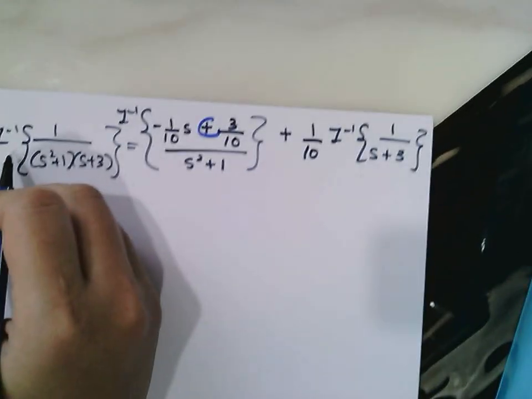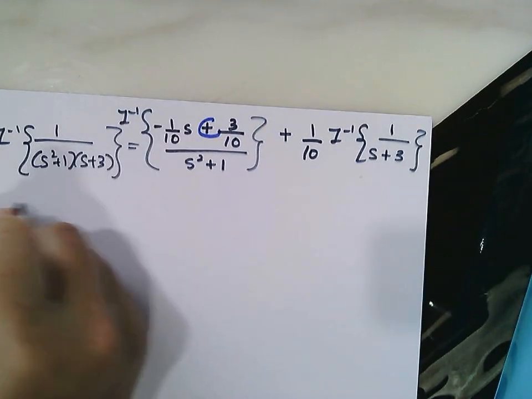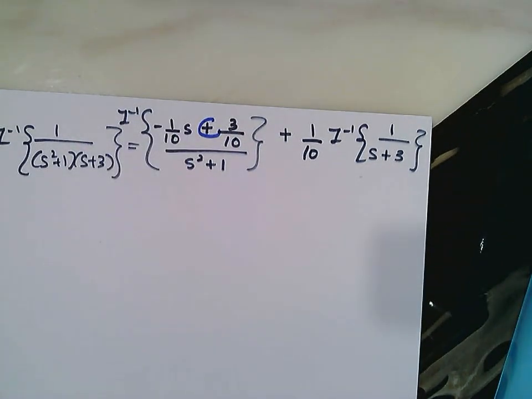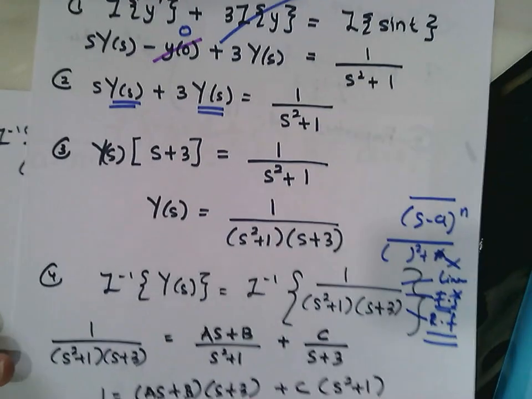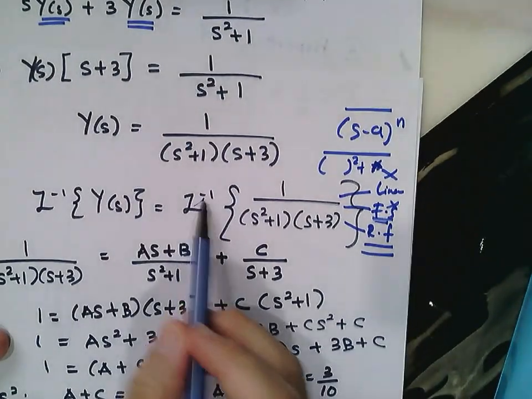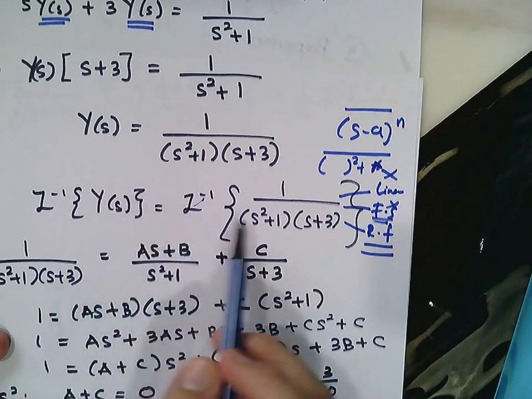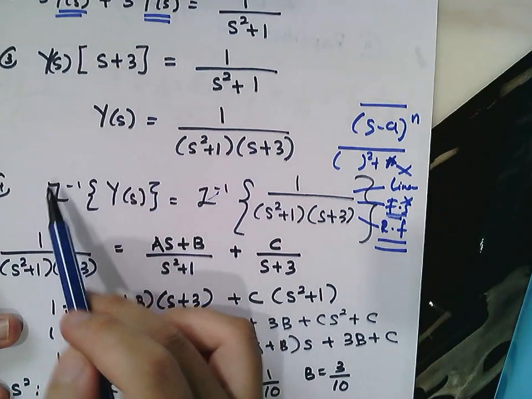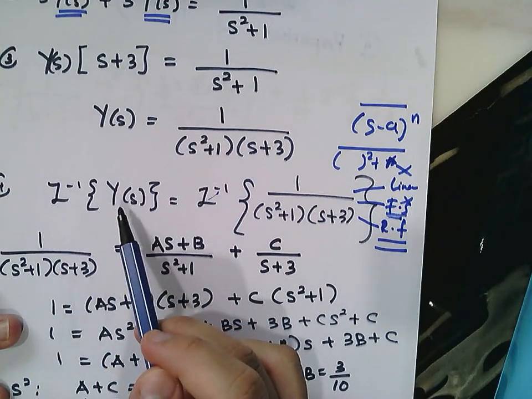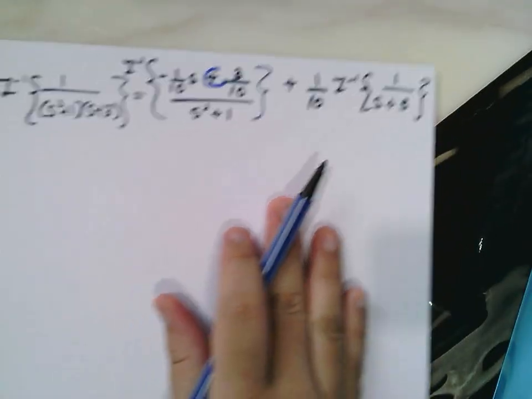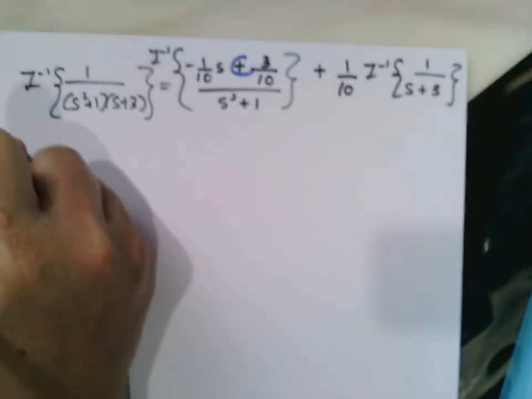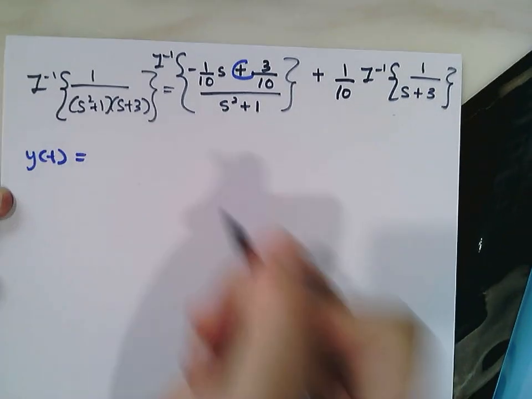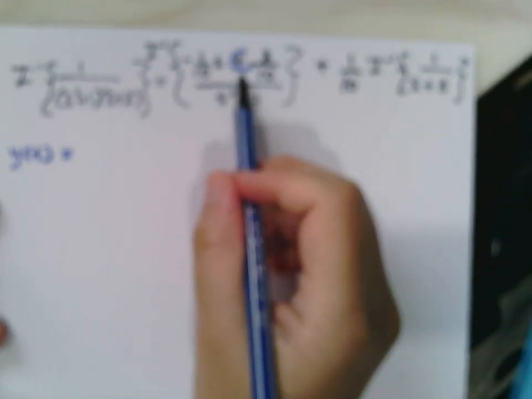So therefore the inverse of this one, now you are solving on your right hand side. On your left hand side here, inverse of Y(s) will give you y(t). So therefore y(t) is equal to, so use linearity properties.